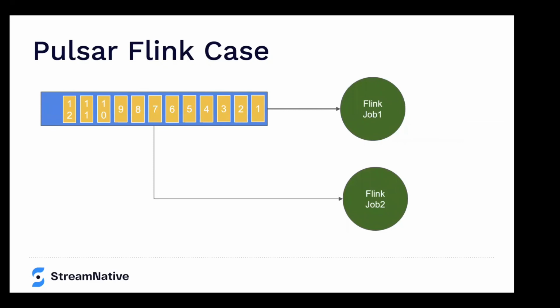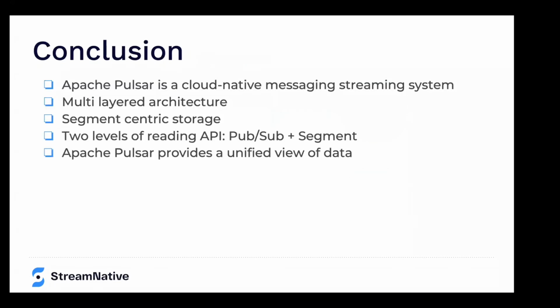Before you catch up with the latest messages, you will utilize the segment APIs to fetch segments directly to do the replay and construct all the state they need. And Pulsar Functions will mostly be like the Pulsar Flink cases, I would say.